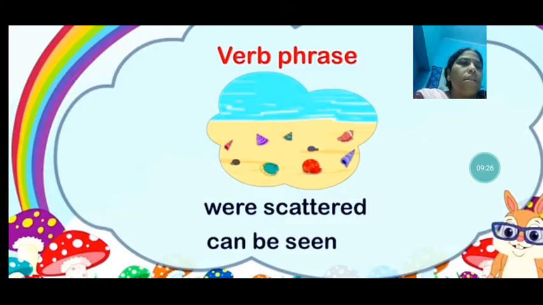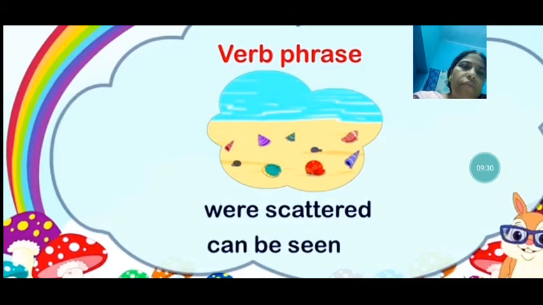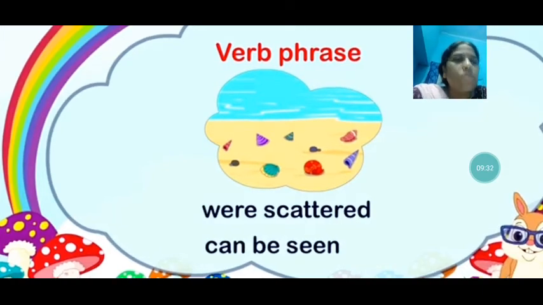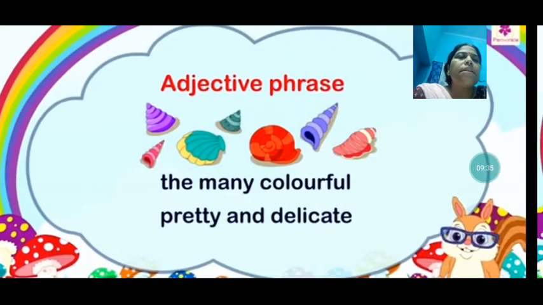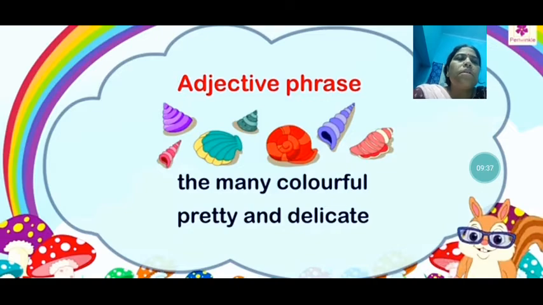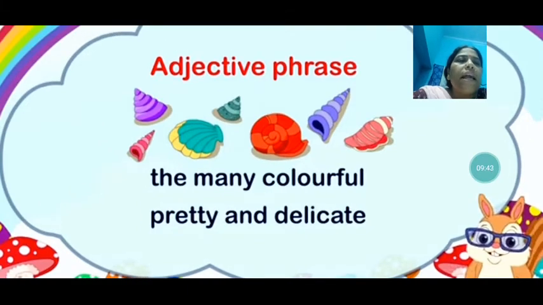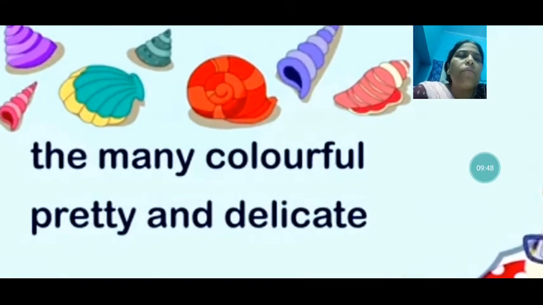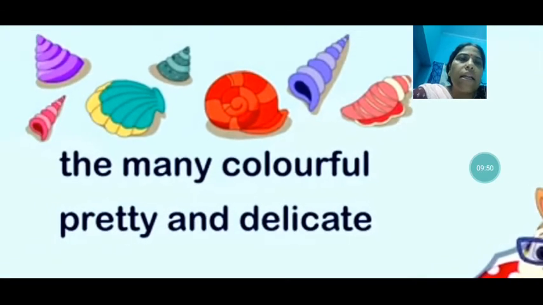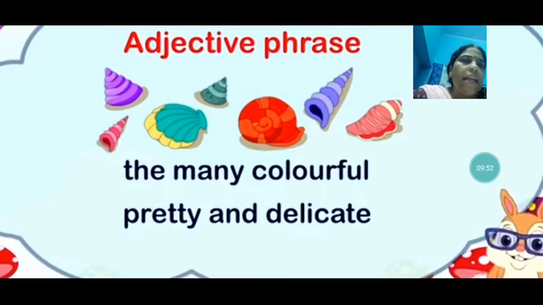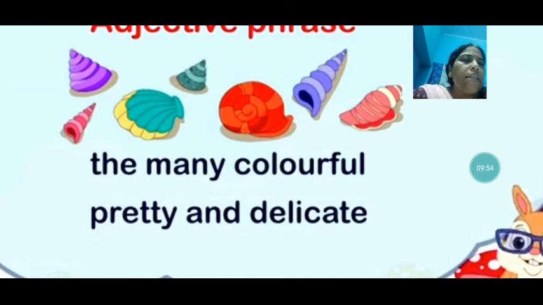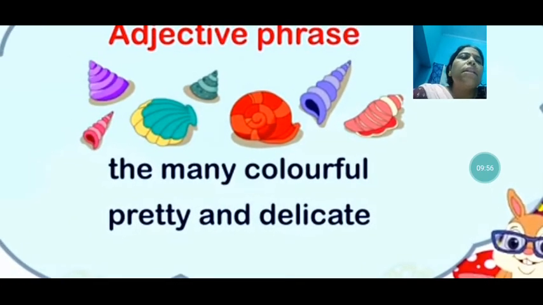Big and small shells, that was a noun phrase. Then were scattered, verb phrase; can be seen also, verb phrase in the same sentence. Now see, many colorful, then pretty and delicate. So what are they? They are adjective phrases. Why? Because here, many and colorful are adjective words. Then pretty, delicate, they are adjectives.